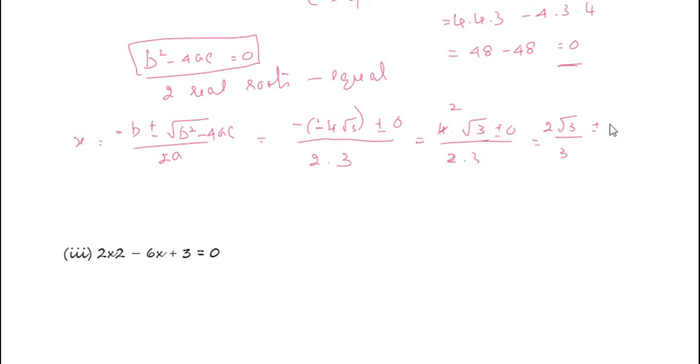You have plus or minus 0 here, so you have 2 times of this value. So the two roots are equal. These are the two roots of the given quadratic equation.